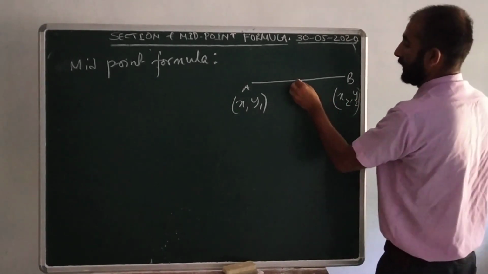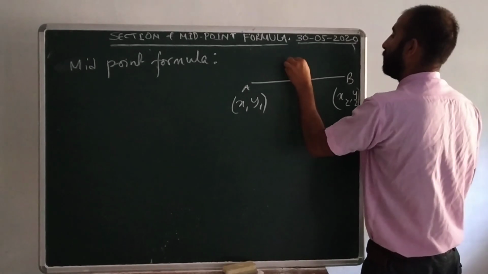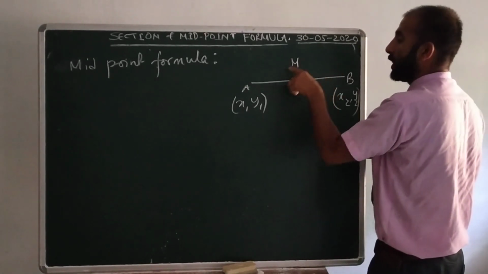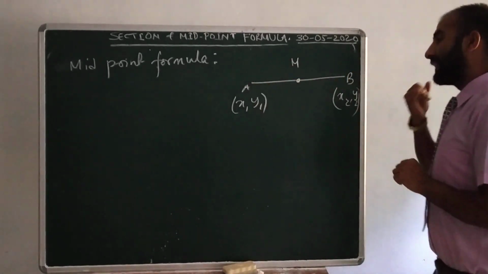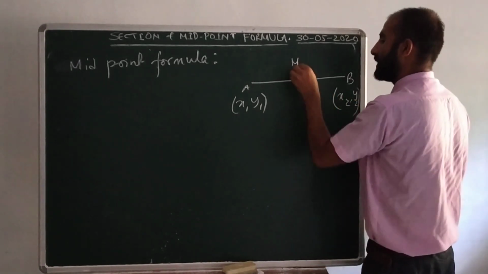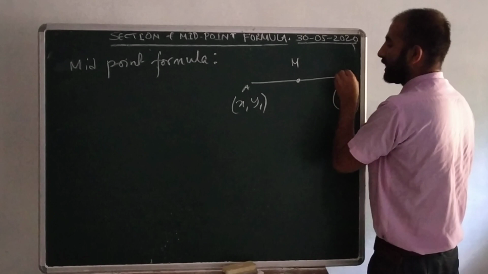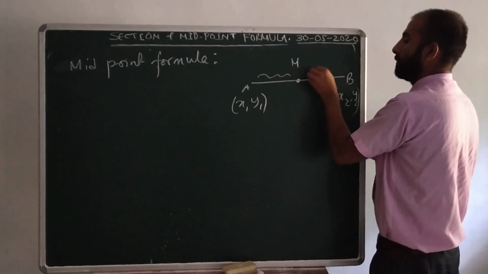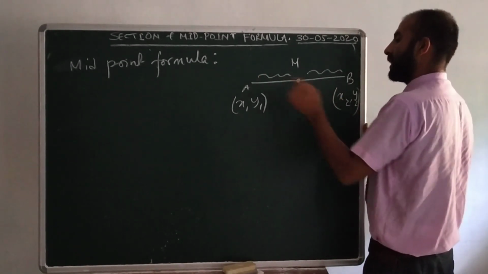Now, if M is the midpoint of A and B, that means this point M divides AB into 2 equal halves. That means their ratio will be 1:1, isn't it?